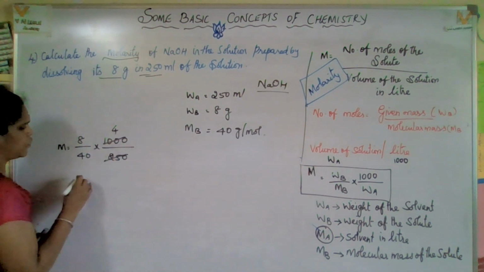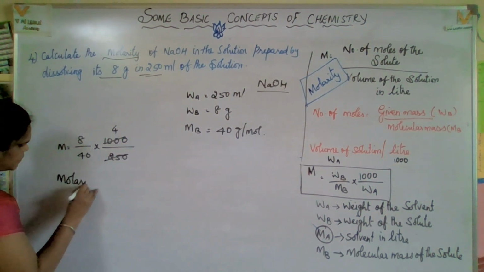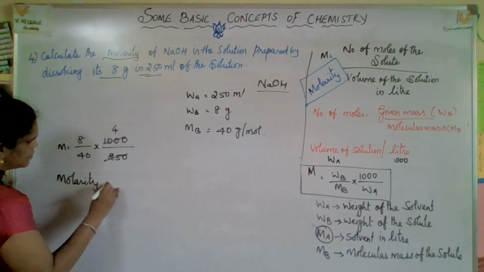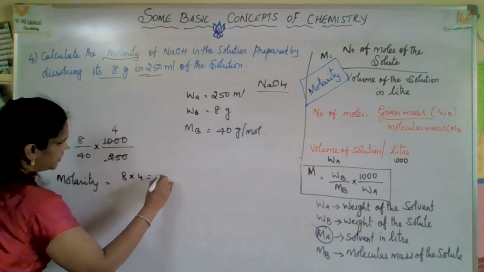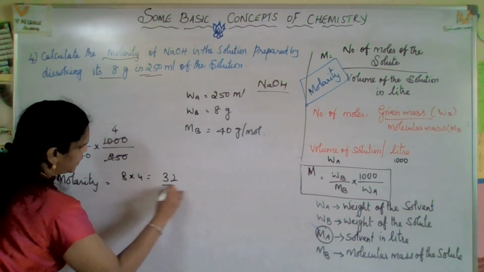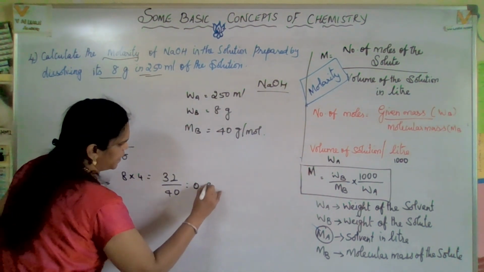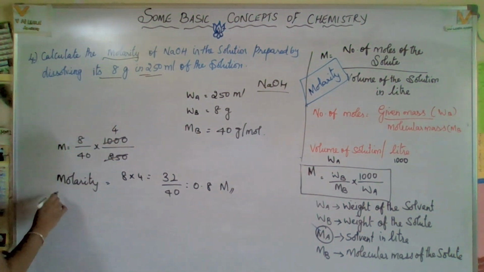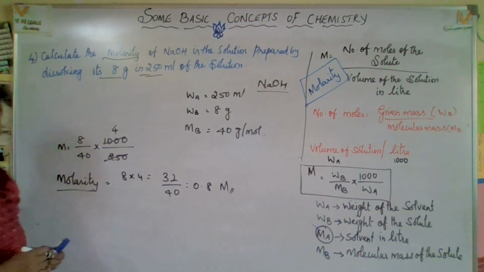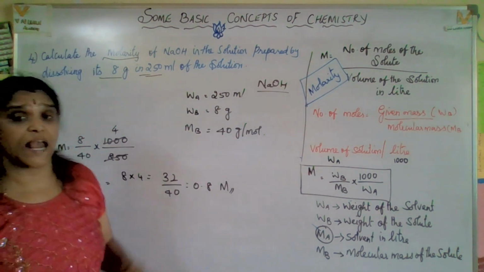Here you will get 4, and molarity equal to, here 8 fours are 32, right? So 32 divided by 40, you will get 0.8 capital M. Unit is capital M, molarity. I hope you got a clear idea about all these sums related to molarity.